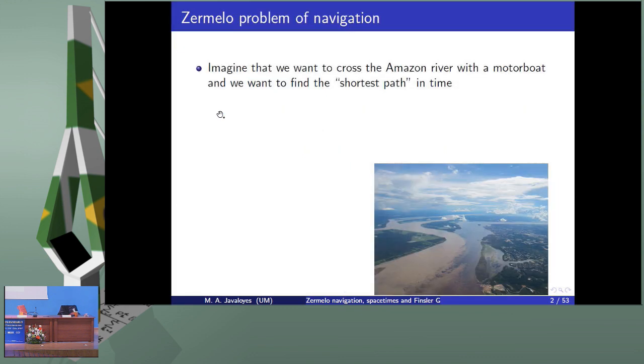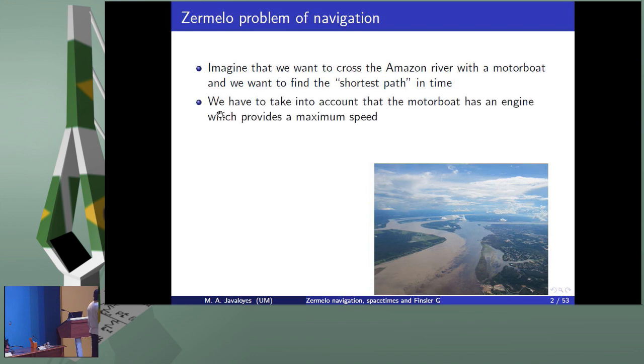So I'm going to begin with a problem, the Zermelo problem of navigation. Imagine that you want to cross the Amazon River in the shortest time possible.